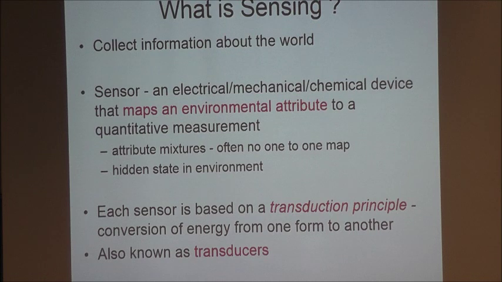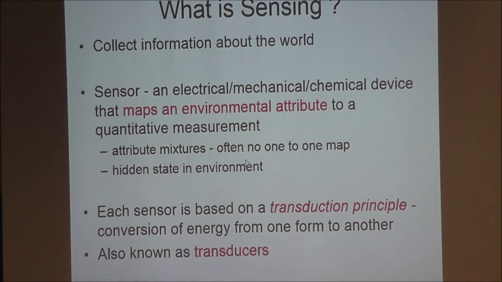You may have some kind of light intensity in some appropriate dimension. You may have, let's say, temperature, pressure, humidity, etc. They all change to some kind of voltage or current that you can use in real time, okay?